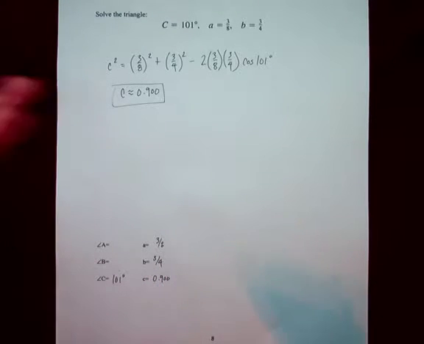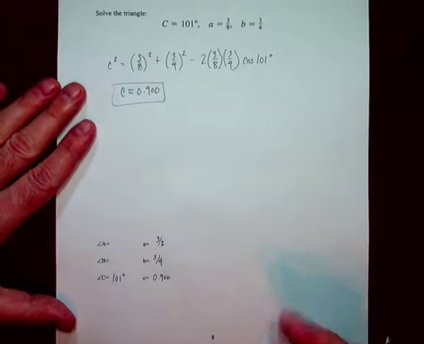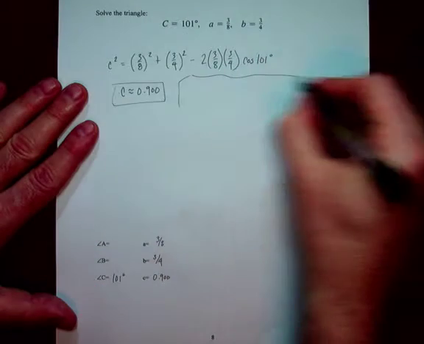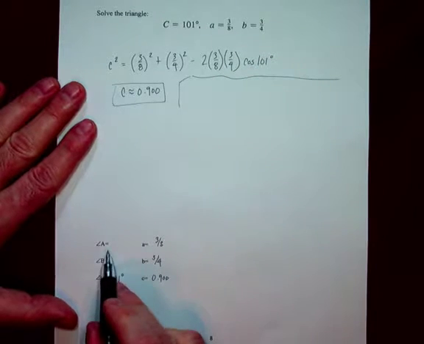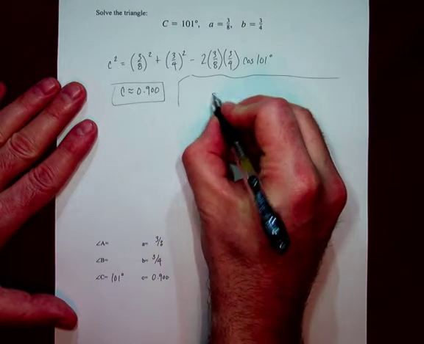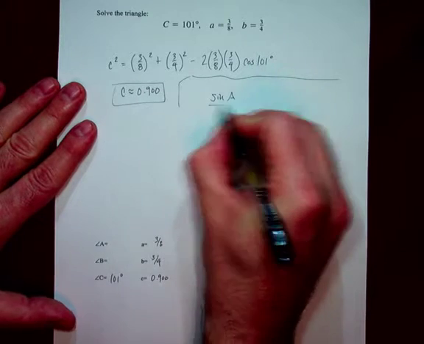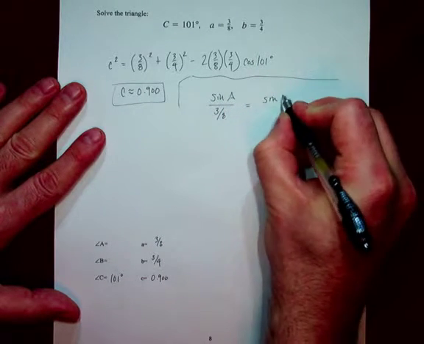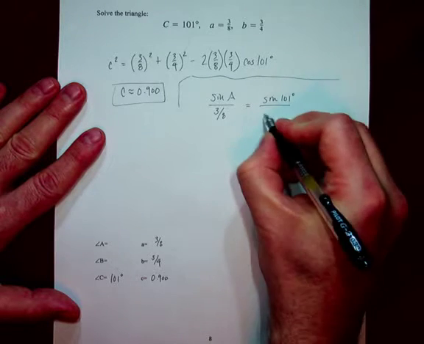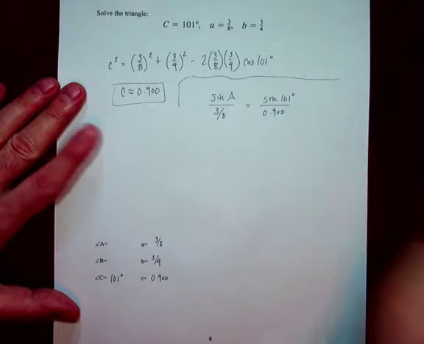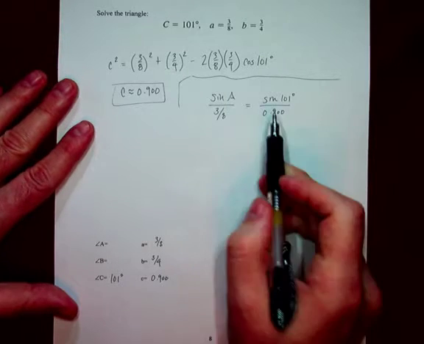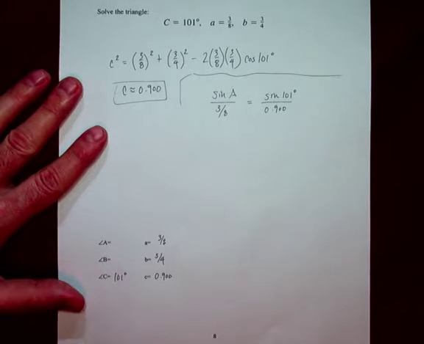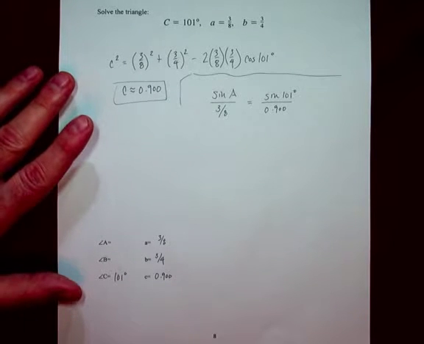But then I went on to law of sines, and I made an arithmetic mistake, and I'll show you what I did. Let's look for sine of a. So we need sine a over 3/8, and then it's sine of 101 over 0.900, being careful that when we do our calculator work, we don't use 0.9, but the full value. Basically, I got my synapses crossed.